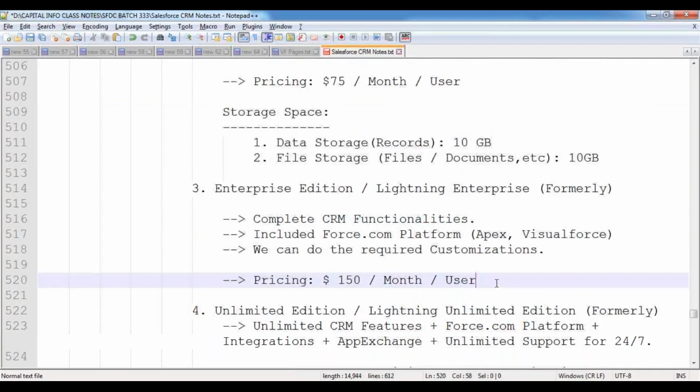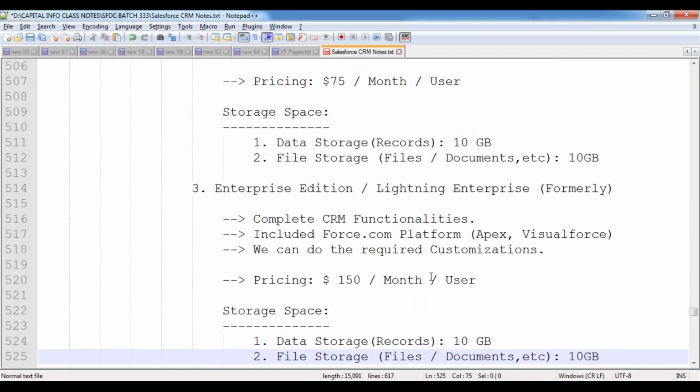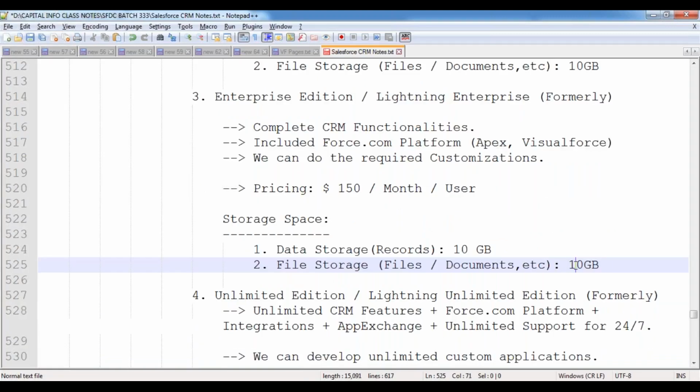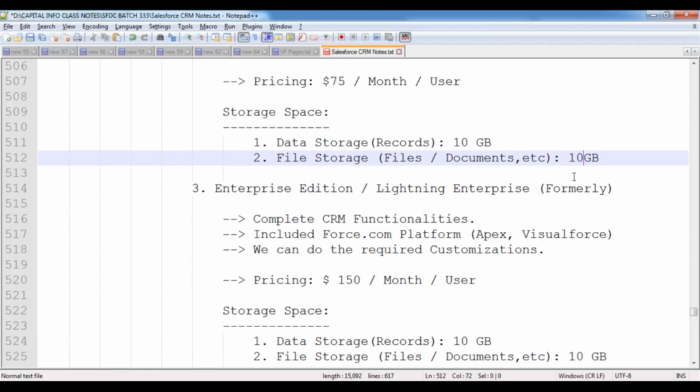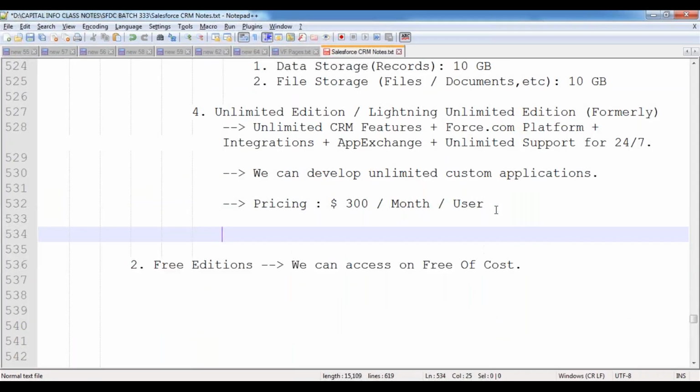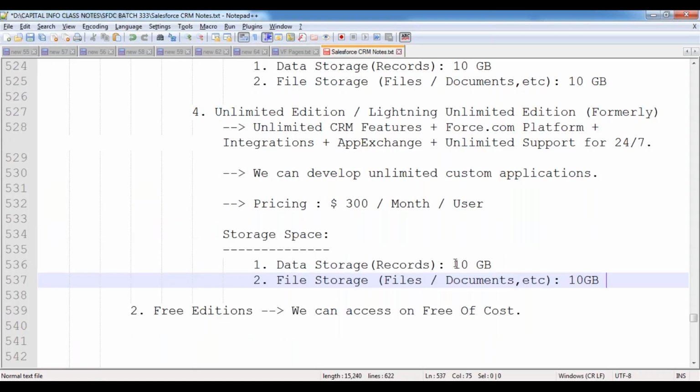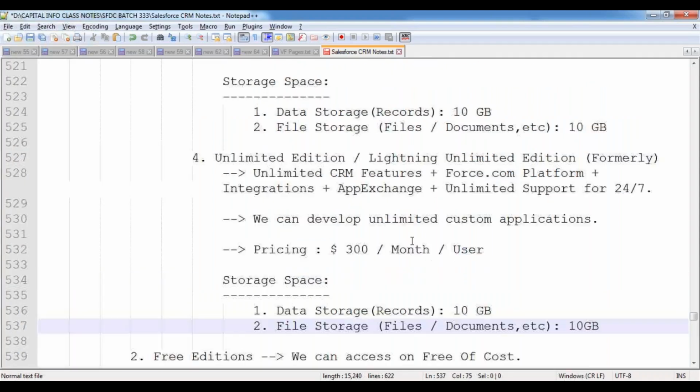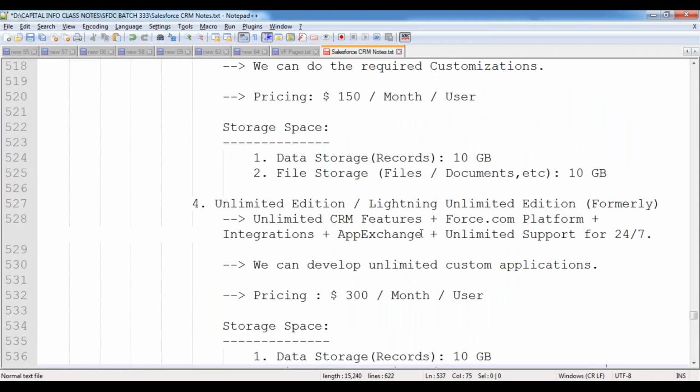For Enterprise edition also, they allocate 10 GB of data storage and 10 GB of file storage. For the Unlimited edition also, you will get 10 GB of data storage and 10 GB of file storage. These are the various storage capacities given by Salesforce.